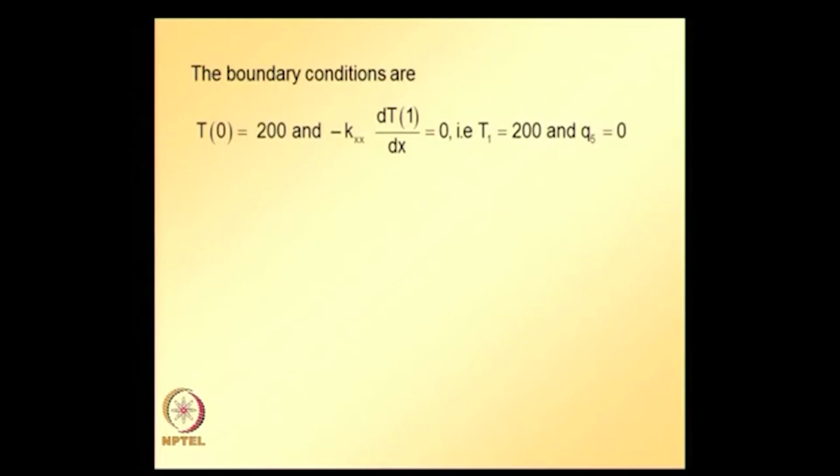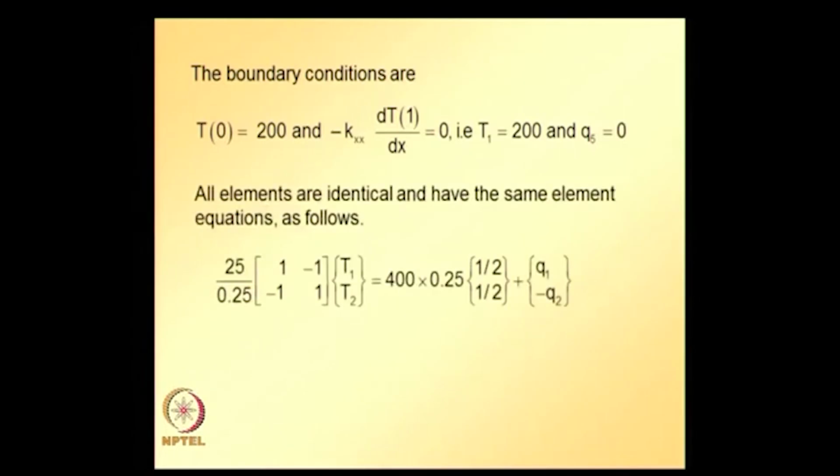Substituting all these into the element equations, since all the elements are of equal length, all elements are identical and have the same element equations, which are shown there, and which can be simplified. These are the element equations for one element, and all elements will have the same identical equations.